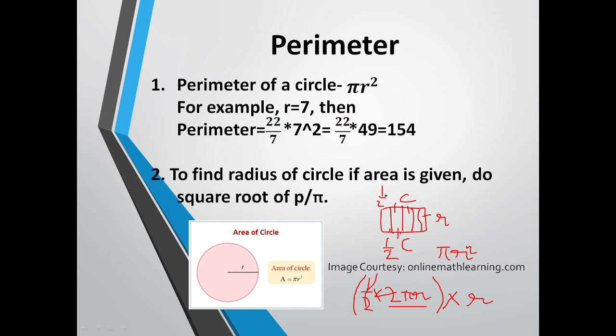To find the radius of a circle if the area is given, it is the square root of area by pi. For example, the area is 154. 154 into 7 by 22.